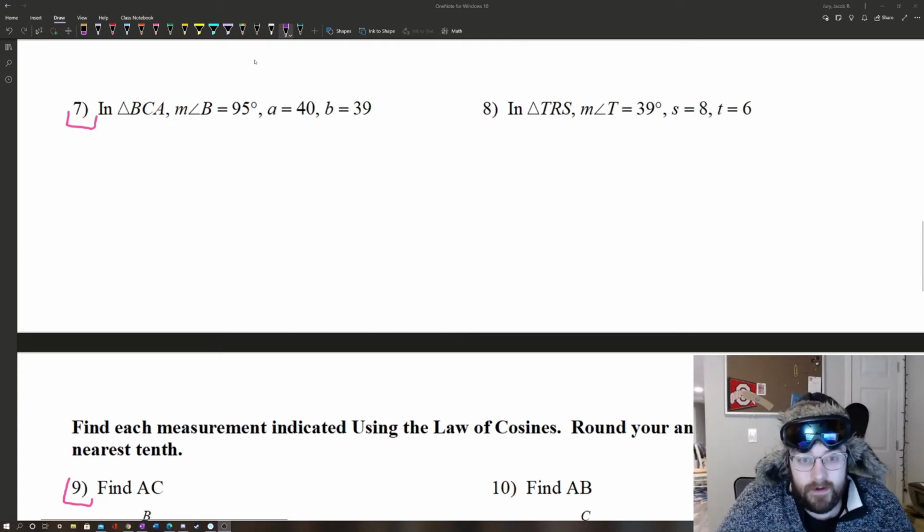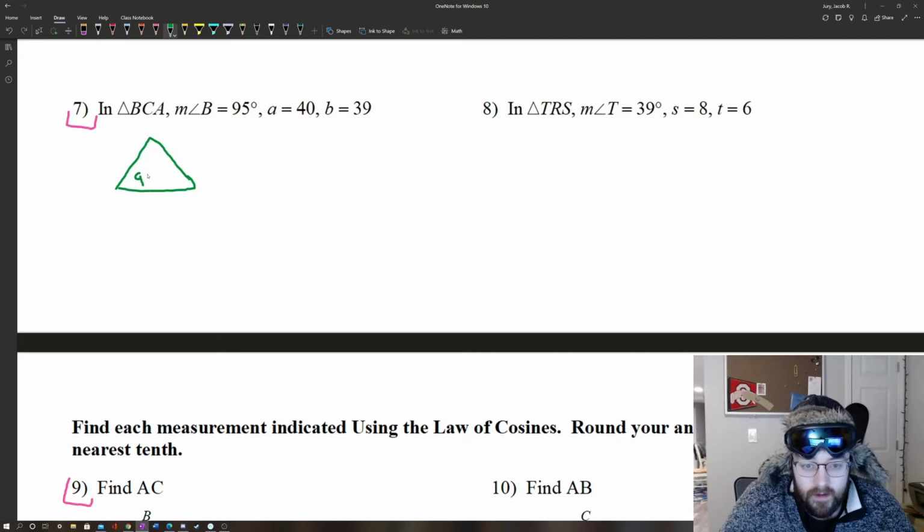For 7, we're not given a picture, so we have to draw that. And another thing that we have to notice is we are given 95 degrees, so that's B. We are given the wrong case for this triangle.